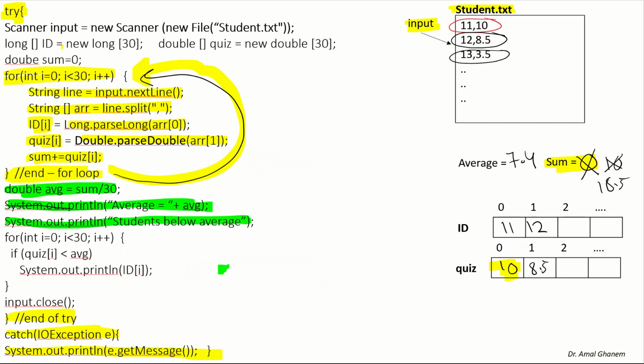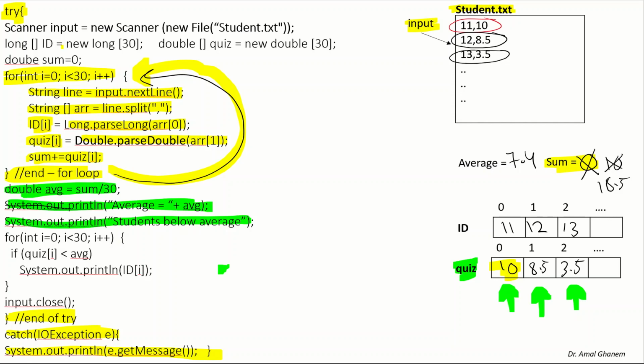So here, because I have to go for each quiz and check if it is below average or not, it means I have to go to the array quiz and go for the elements we have. If I find an element that is below average, I have to display the ID of that student. So here, if I just say 13 and a 3.5, just the example we have.